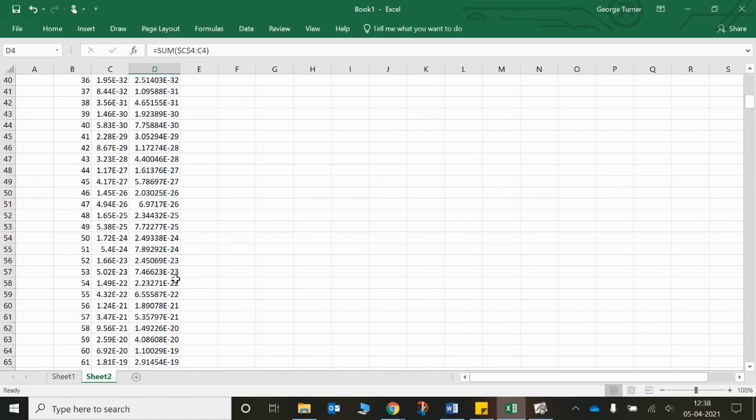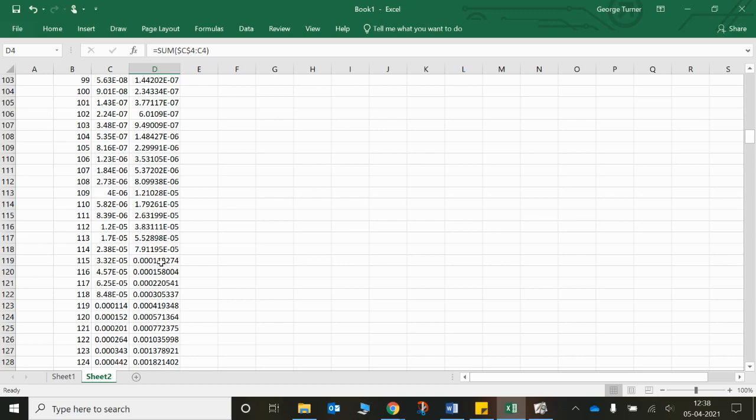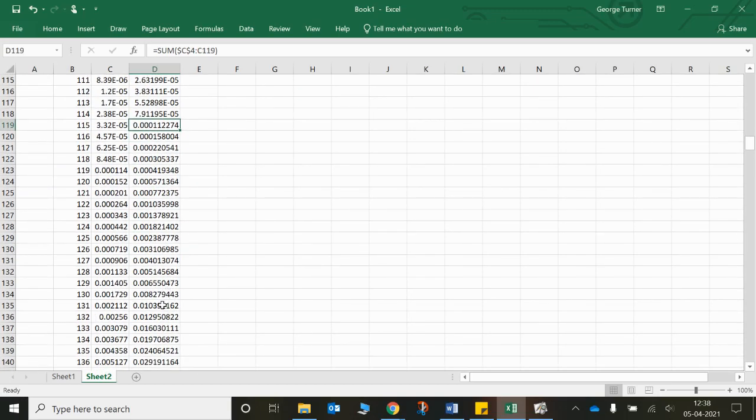Scanning down here, we see extremely small values until we get to about 115. The first time we're hitting 1% is 131. And at 138 cars, according to the original null hypothesis, we're just under 5%. We're over 5% at 139.